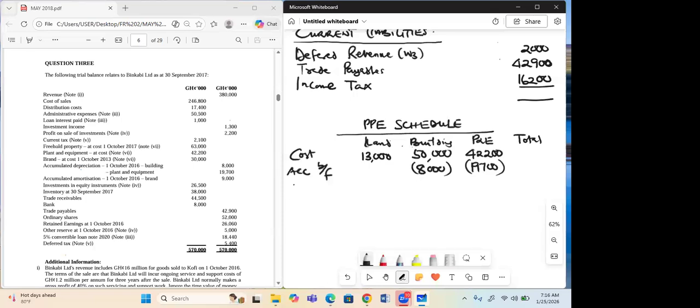Then the depreciation for the year. Building was, I think, 1,000, and then P&E was 9,000. 9,000, yes. What would this give us?